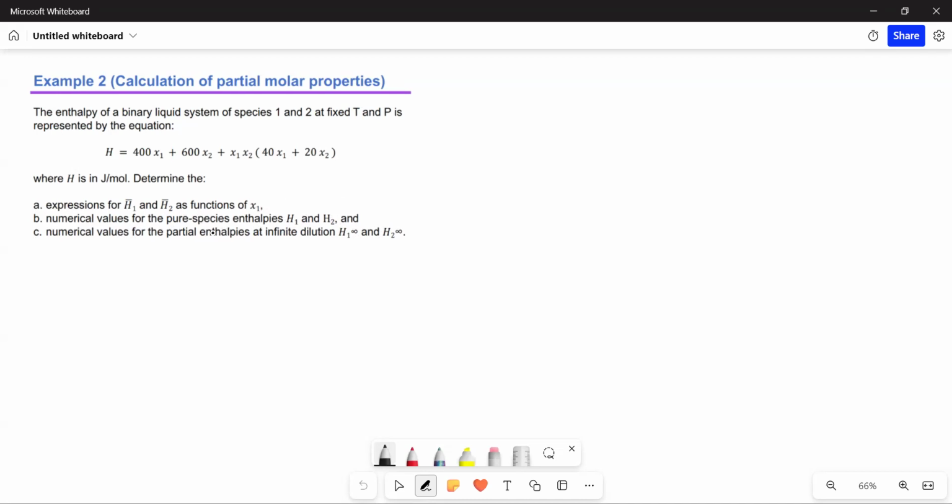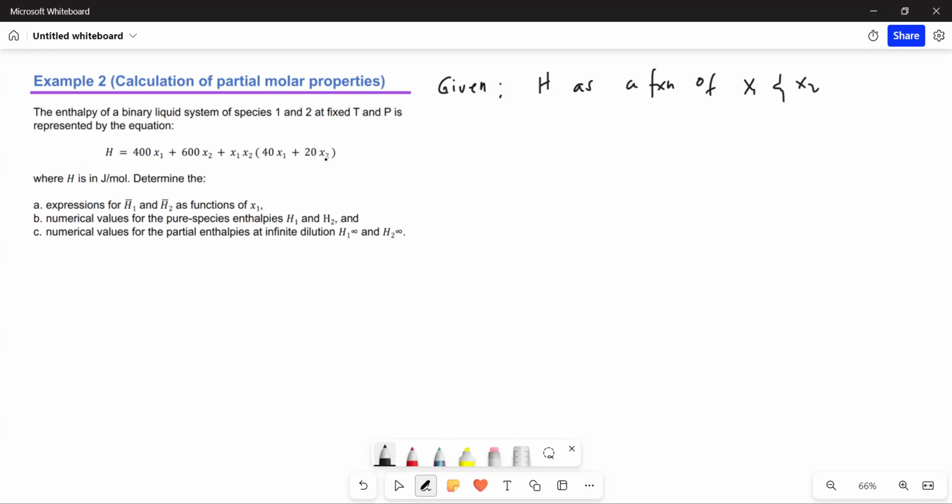Okay, we begin by writing the given in the problem. Given in the problem, we have the equation. I won't rewrite the equation anymore. So given the expression for H, or let's put it as H as a function of x1 and x2, right?